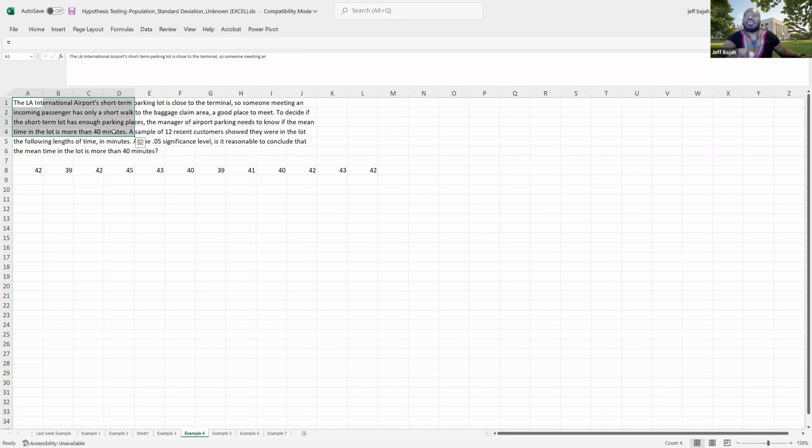To do that, they sampled 12 customers and tried to see how long it takes for them, and they found out these results. Now, the question is, at 5% level of significance, is it reasonable to conclude that the mean time in the lot is more than 40 minutes?